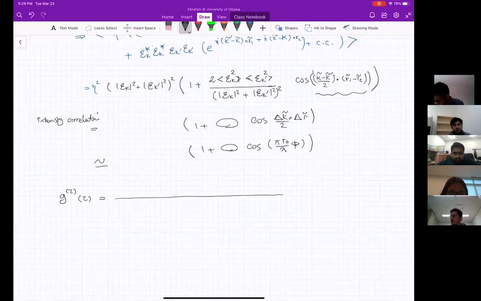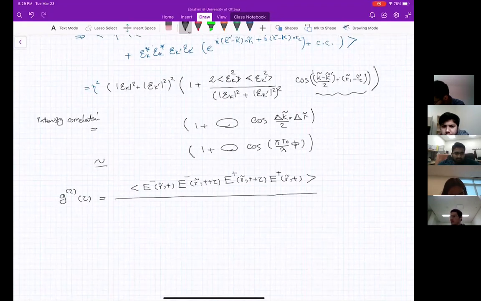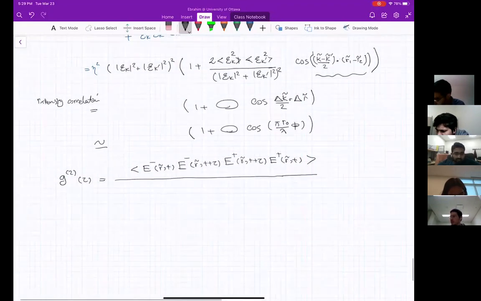I have to have two intensities now. It will be the expectation of E minus of R and T, E minus of R and T plus tau, E plus of R and T plus tau, E plus of R and T. Okay. The denominator is much simpler.